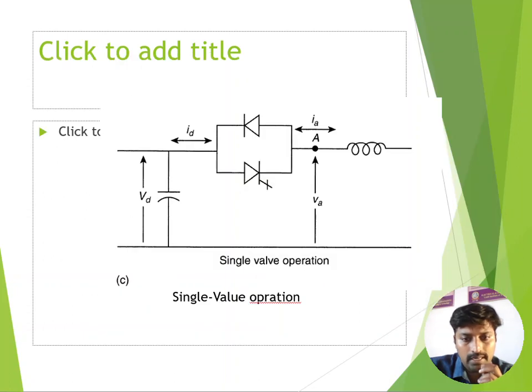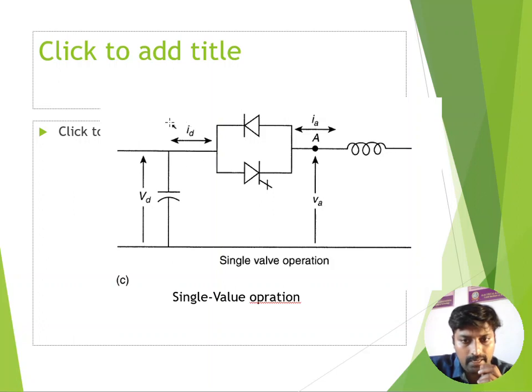So this is the basic concept of the voltage source converter. You can clearly see that this is a single valve operation. In this single valve operation, a large capacitor is always placed on the DC side to maintain the DC voltage. So this is a constant voltage VD. The polarity is constant. You can observe the direction of the current; it can go in both directions.